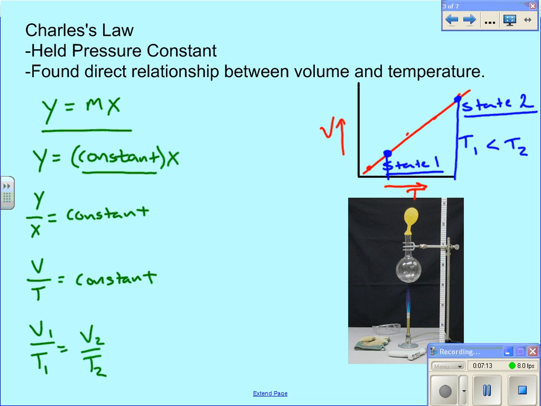And if I look at V1 versus V2, well, V2 is definitely also larger than V1, right? So when the greater than or less than signs point in the same direction, that's indicative of a direct or a linear relationship, and we'd always expect that.